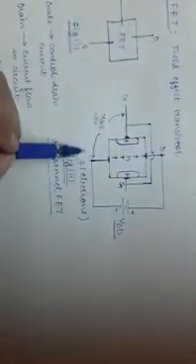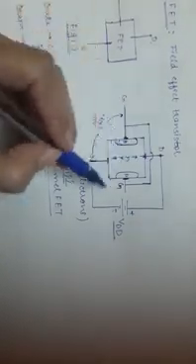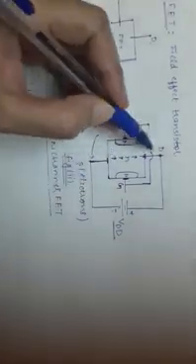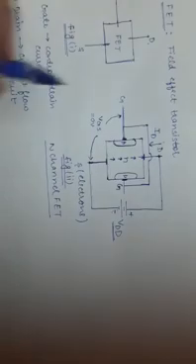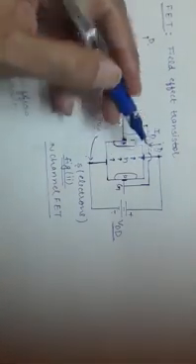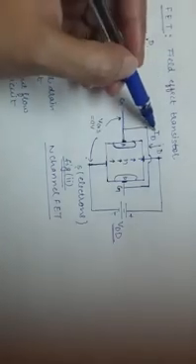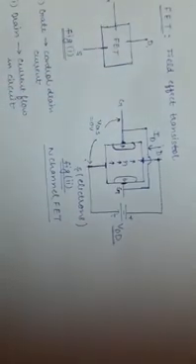Therefore a conventional current flows in this direction, that is ID. So electrons are moving from S to D, and the conventional current flows in the opposite direction, and this current is called drain current, denoted by ID.